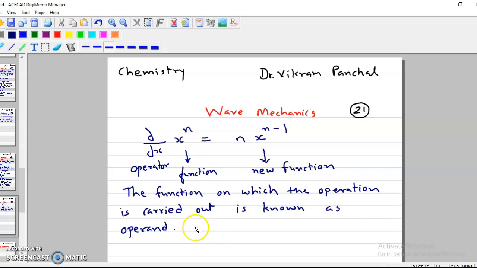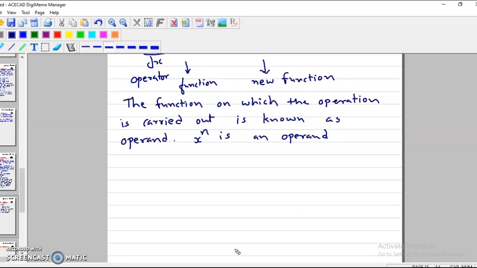That means x raised to n in the above equation is an operand.